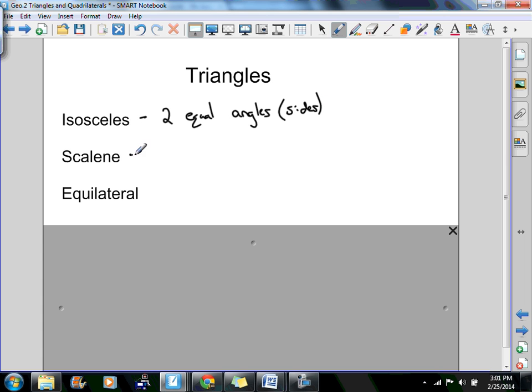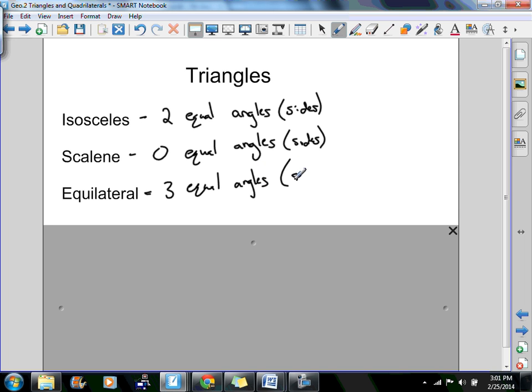Scalene, by definition, has zero equal angles, meaning every angle is different. And then equilateral, you should hopefully know, has three equal angles or sides.